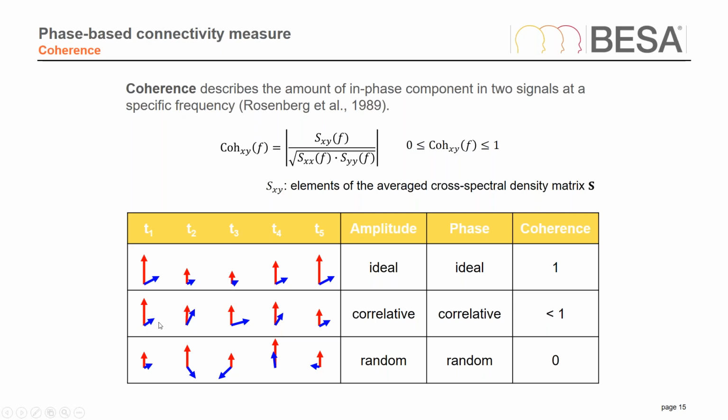For example, the phases are always here in the first quadrant between the two, but it's not fully stable over time. So there is a correlation, and that means the coherence is there, but it's not 1, it's smaller than 1. And finally, in the last row here, we can see a random association of phases and also amplitudes between them. And in that case, we would measure a coherence value of 0 using this formula by Rosenberg and others in 1989.